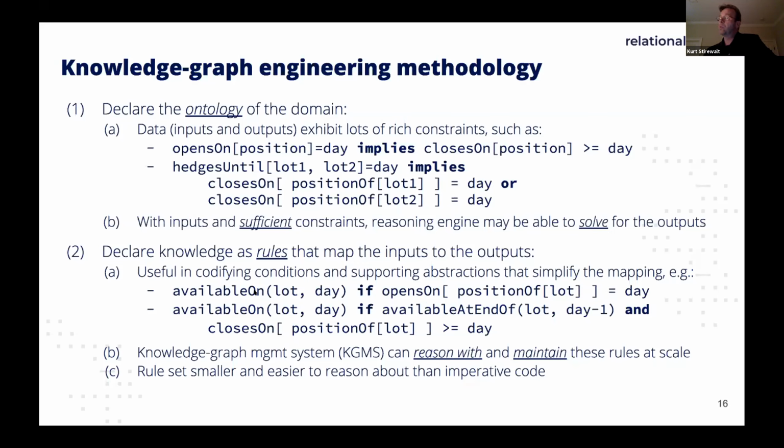The second rule says that a lot is available on some day if that lot is available at the end of the prior day and the position associated with that lot closes on that or some later day. Okay, you may have to stare at this one a little bit, but it says, you know, lot is available on day if lot is available on day -1 and the position of that lot closes on some day greater than or equal to day. Okay?